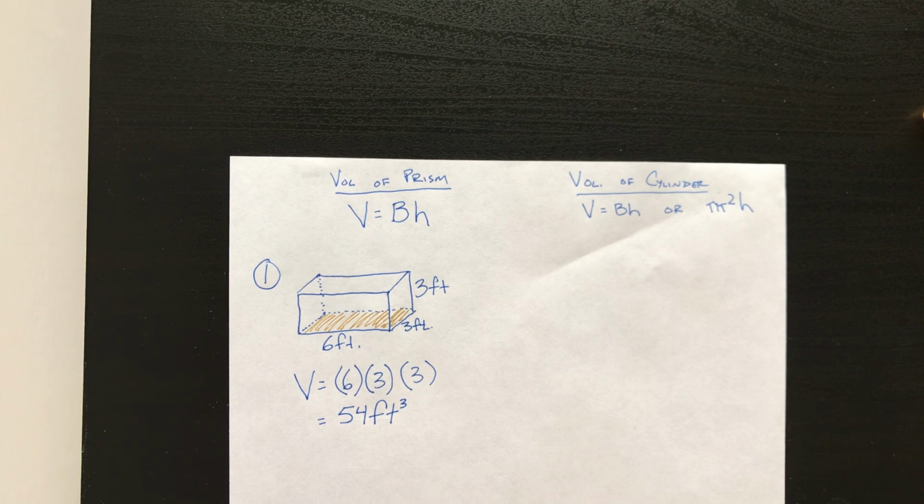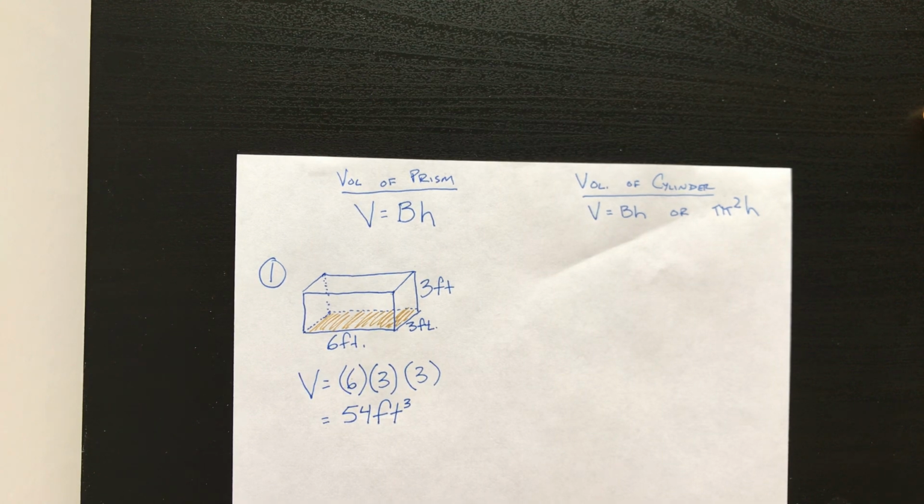That's what volume is. But I do like to think about it as a liquid, all right? How much water or whatever liquid you're going to use would fill up a cylinder or a prism. All right, so that was number one. That one's pretty simple. All right, let's do number two.